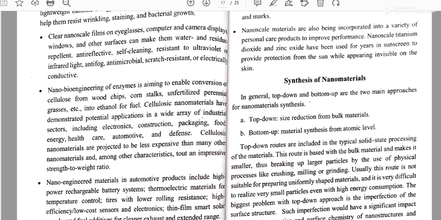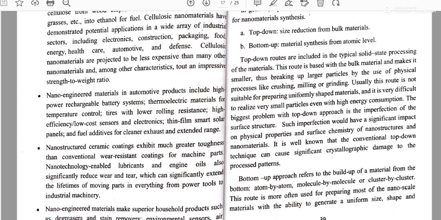Then next paragraph: nano engineered materials in automotive products include high power rechargeable battery systems, then thermoelectric materials for temperature control, tires with lower rolling resistance, high efficiency or low cost sensors and electronics, then thin film smart solar panels and fuel additives for cleaner exhaust and extended range.